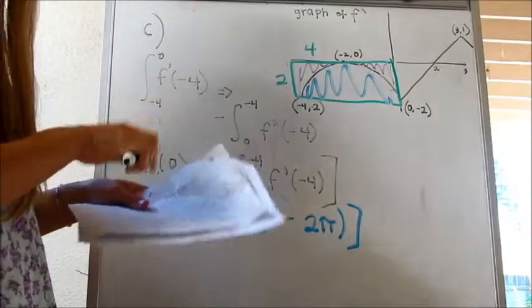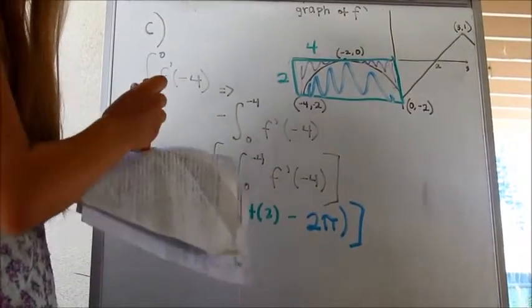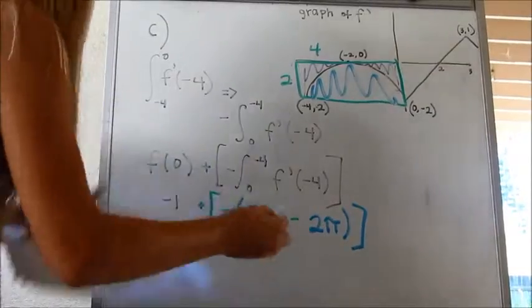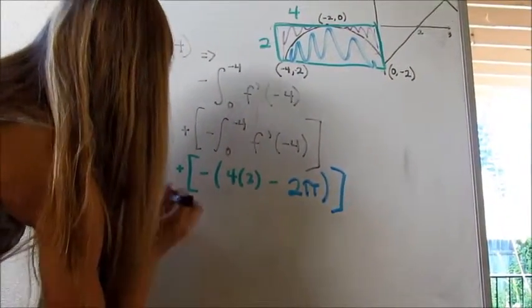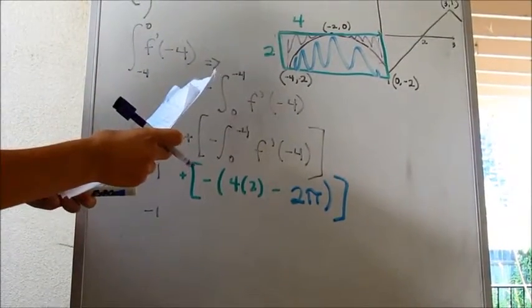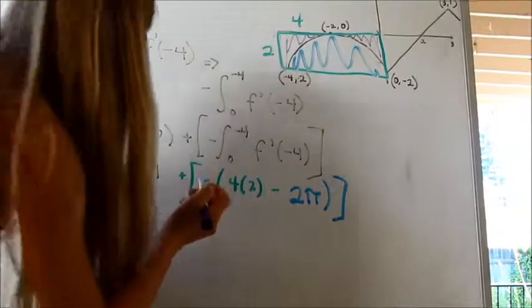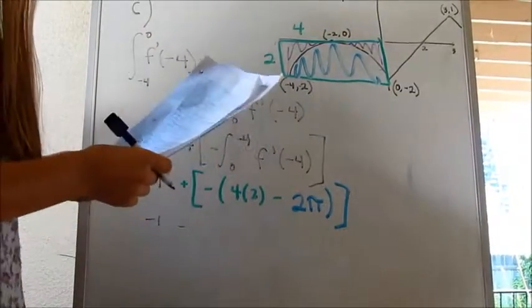Okay, so simplifying this down, you get -1 minus, because a negative times a positive is a negative.